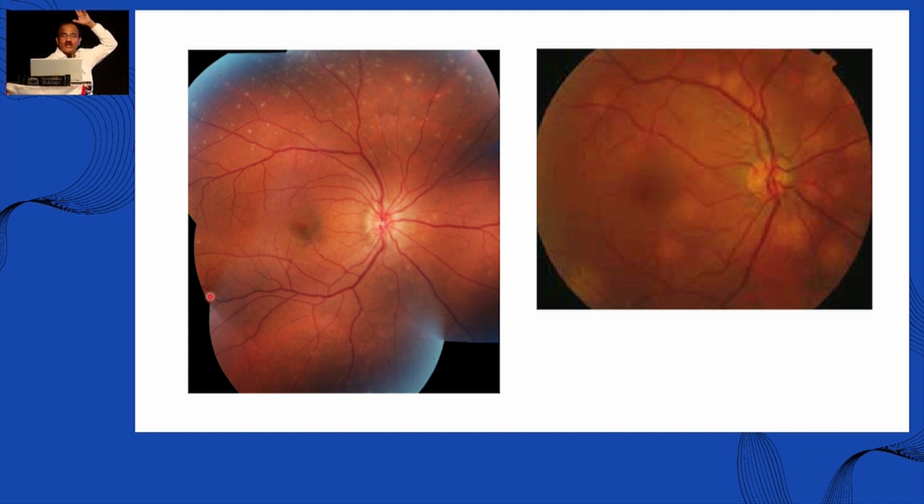Anyone who wants to say the diagnosis? It is not CSR, it is sarcoidosis. If you see, there are a lot of multiple white dots. So this is more of sarcoidosis. And the second picture as well, as you can see multiple whitish areas in the subretinal epithelium area.